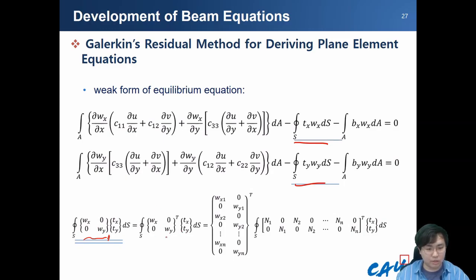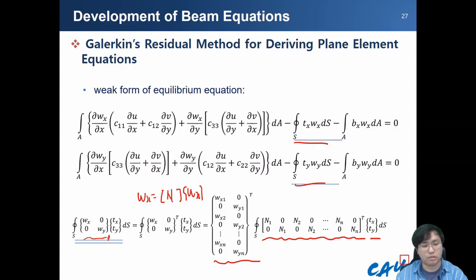In the previous slide we described that Wx can be represented by N1 and so on. Similarly, they return the shape function, together with the arbitrary displacement vector, actually matrices, and with the traction, not forces, traction stresses here.